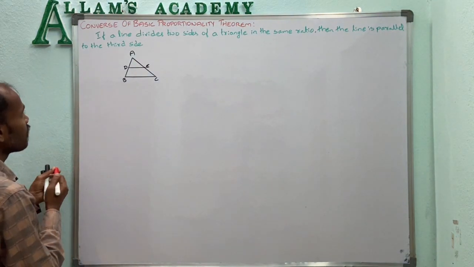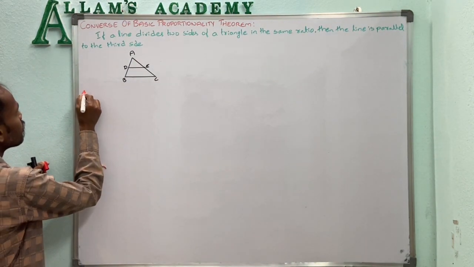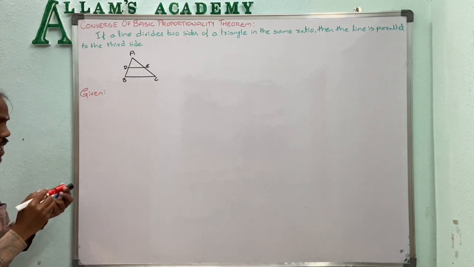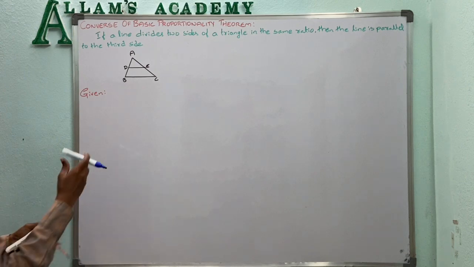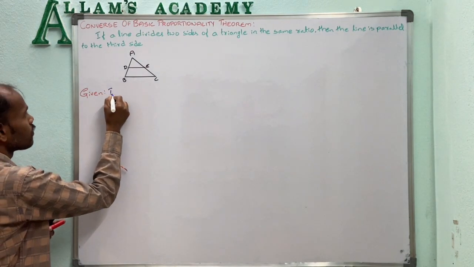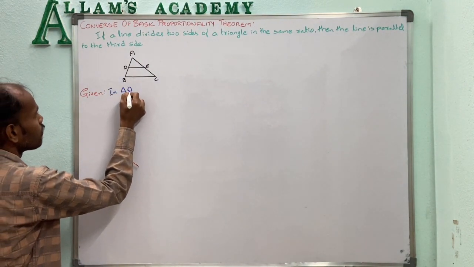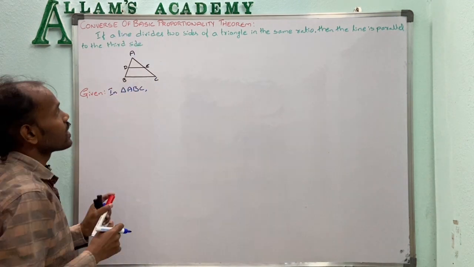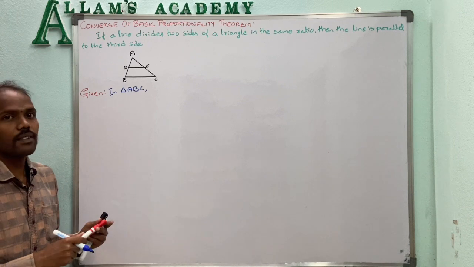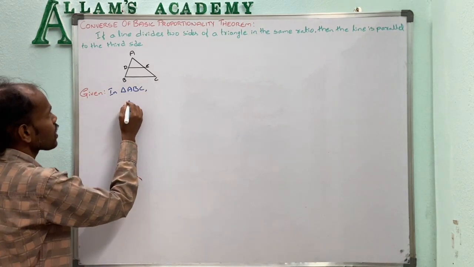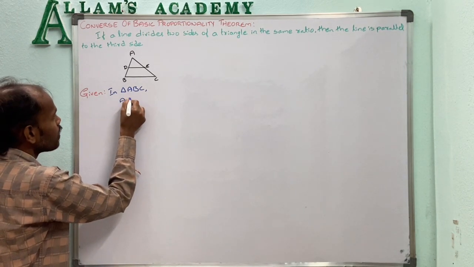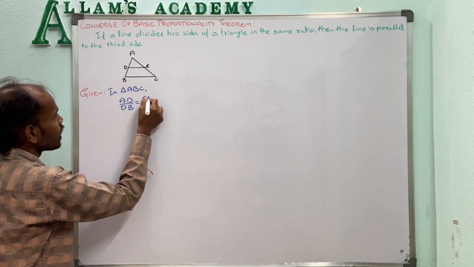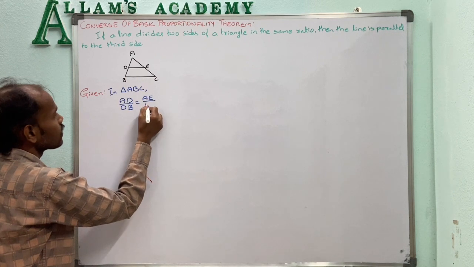Now the given is, in triangle ABC, a line divides two sides of the triangle in the same ratio. So AD by DB equal to AE by EC.